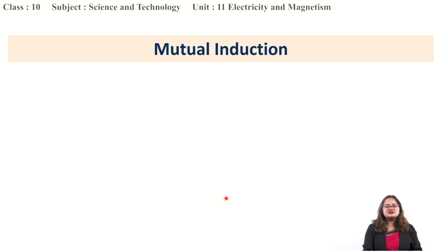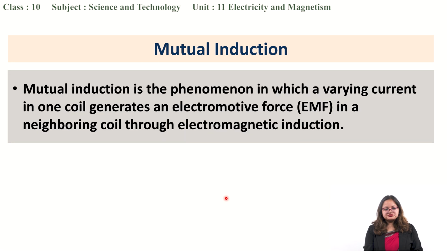So what exactly is mutual induction? As the term says, mutual, let's see, because in the picture of the transformer we saw that only one end was connected with the AC source. The other end does not have a source, but we saw there was a load. So something must be transmitting the EMF towards the other side, right? So now let's see what exactly mutual induction is.